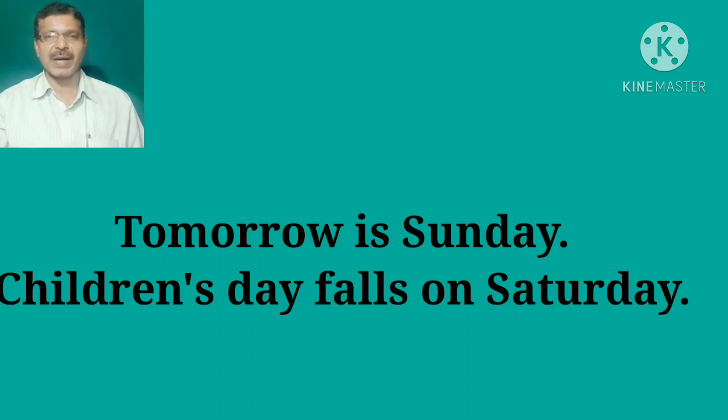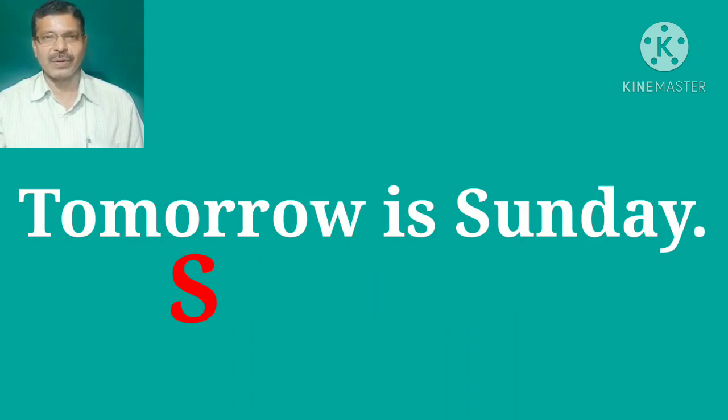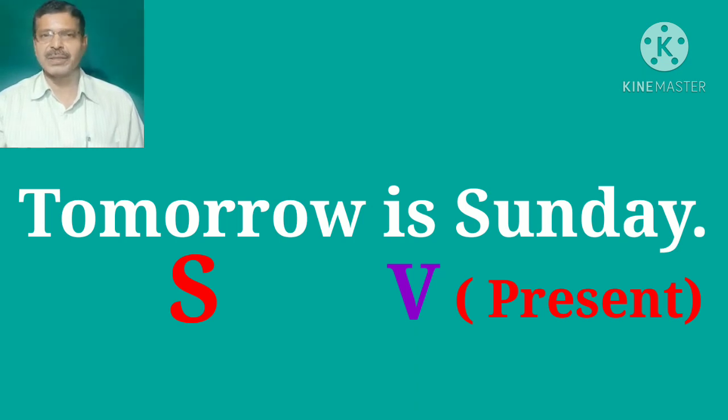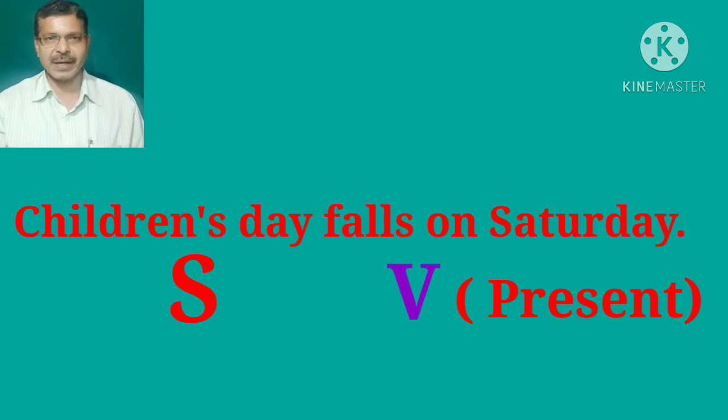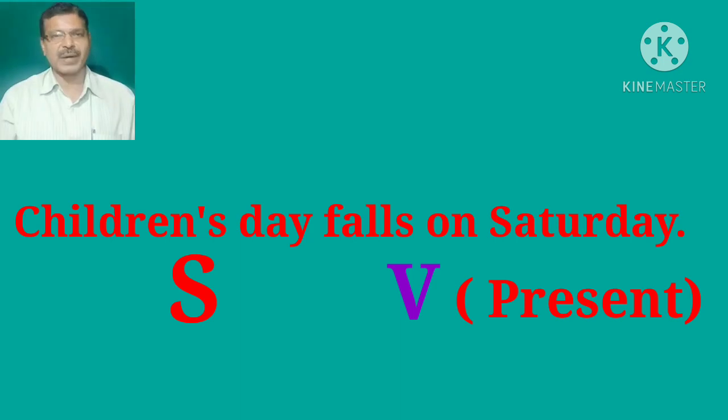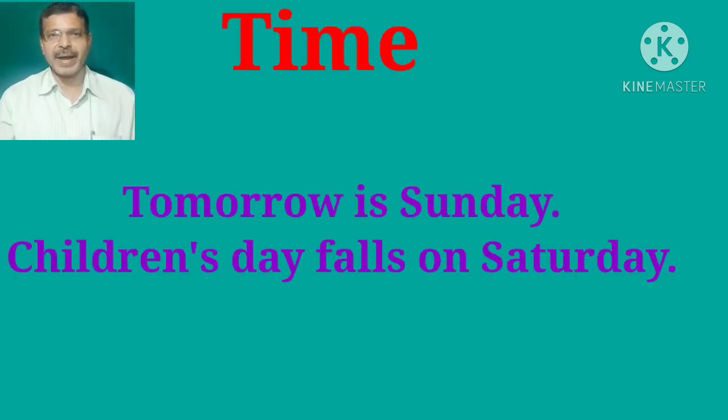This is definitely present tense because tomorrow, this is the subject, is, this is the finite verb, present form, so this is present tense. Similarly, Children's Day, this is the subject, falls, this is the finite verb, present form, so this is present tense.